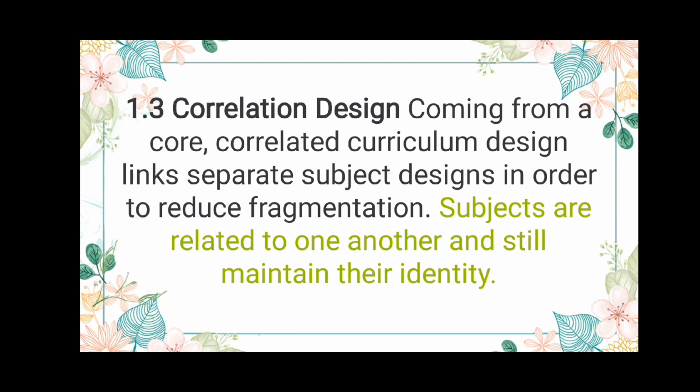Third, we have correlation design. A correlated curriculum design links separate subject designs in order to reduce fragmentation. Subjects are related to one another and still maintain their identity. For example, English literature and social studies correlate well in the elementary level: while history is being studied, different literary pieces during the historical period are also being studied.